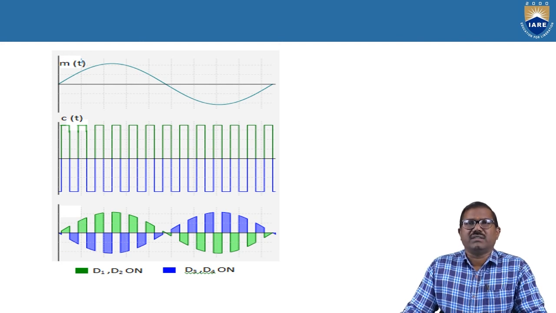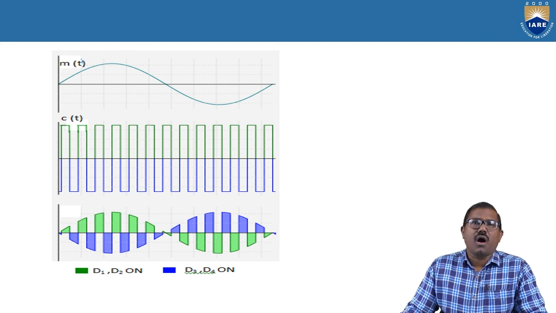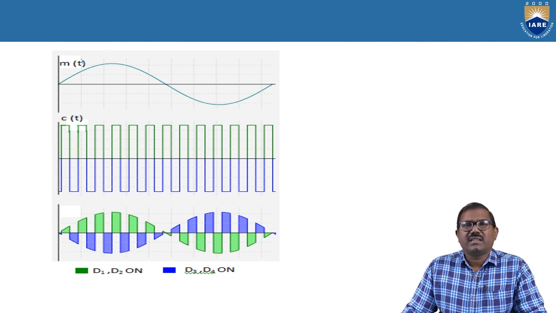Here we can see this picture. M of t is the message signal, C of t is the carrier. Depending on the carrier signal, the diodes go on and off. When the carrier is positive, diodes D1, D2 are forward biased, so they are on.